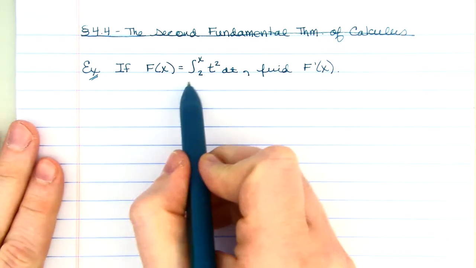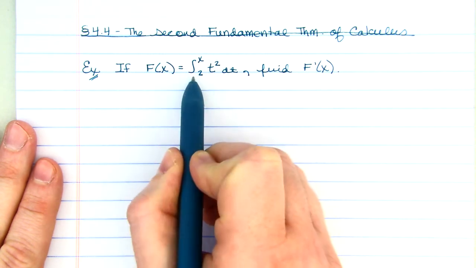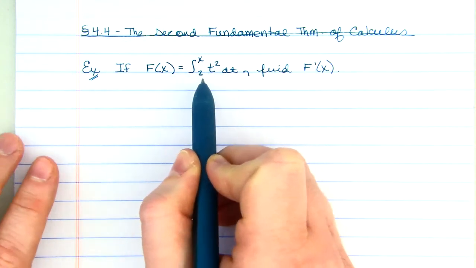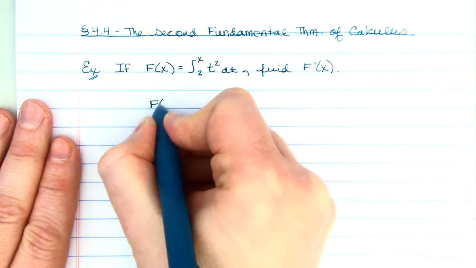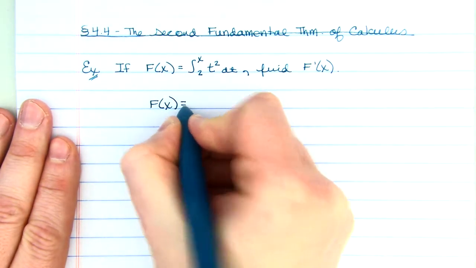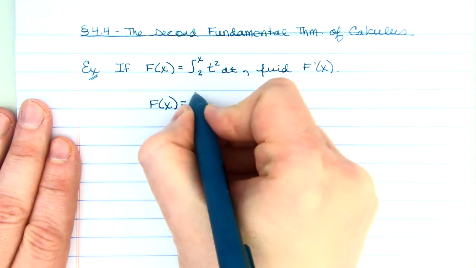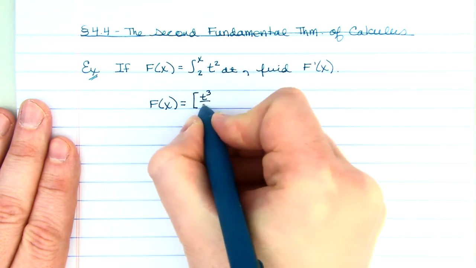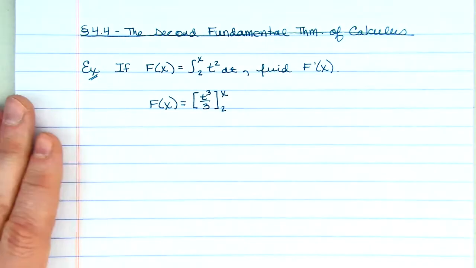So I want to find the derivative of this thing, and I'm not totally sure how to deal with that. So let me take a moment and actually evaluate this integral. I can figure out this antiderivative, plug 2 into there, and then make some sense out of this. Capital F of x is going to equal, by our first fundamental theorem of calculus, I can find my antiderivative. I'm going to get t cubed over 3 from 2 up to x.